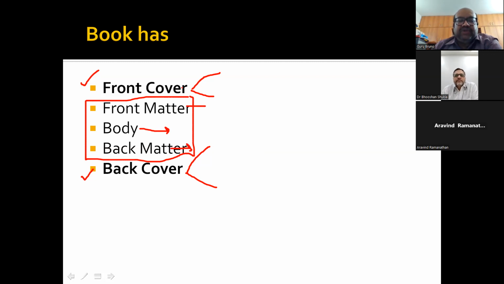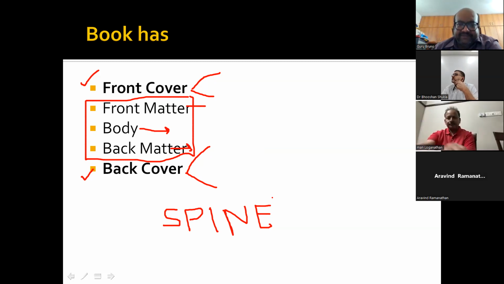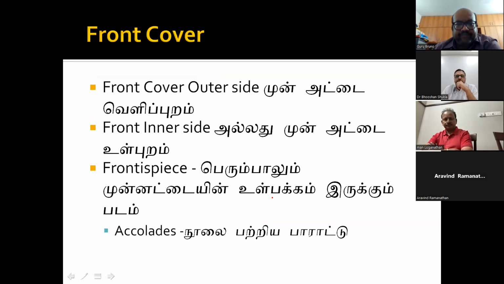So you have a front outer cover, front inner cover, front matter, body, back matter, back inner cover, back outer cover. Sometimes if a book is very thick, say you are publishing 300, 400 pages, there is something called a spine. Spine is what is in between the two covers. You can add your author's name and title there.